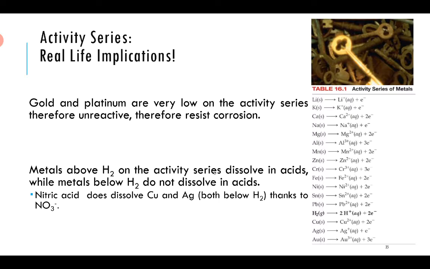All right. So there are real-life implications for this activity series of metals. As you can see down at the bottom of this list, gold and silver are very difficult to oxidize. And so that in part gives them their low reactivity in air. They don't oxidize very well.